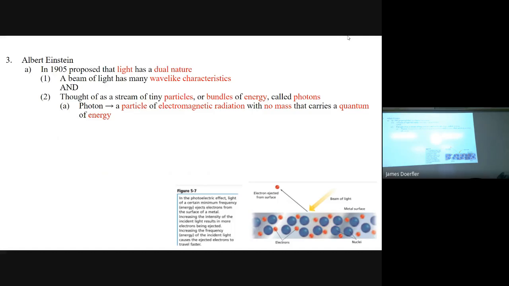So Einstein went on to define a photon as a particle of electromagnetic radiation with no mass that carries a quantum of energy.